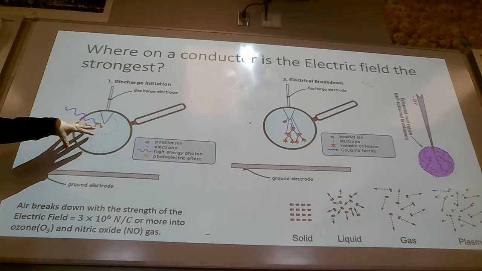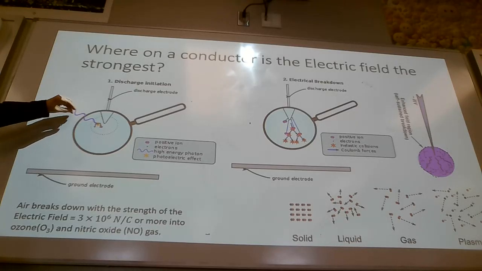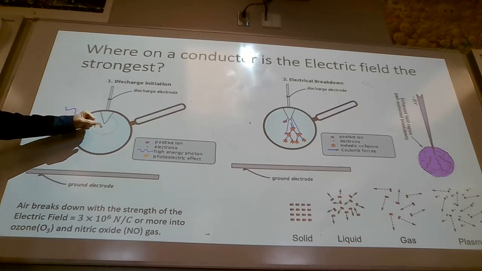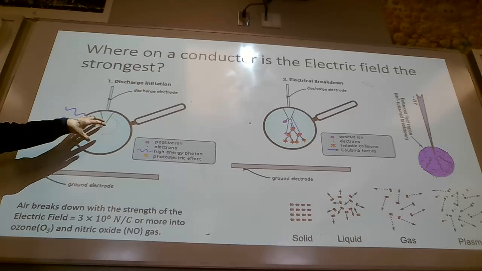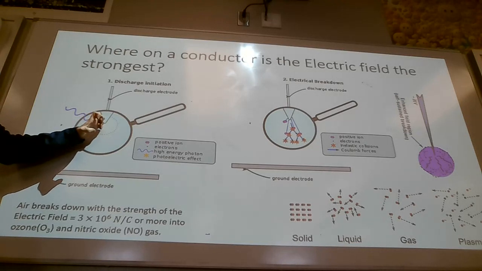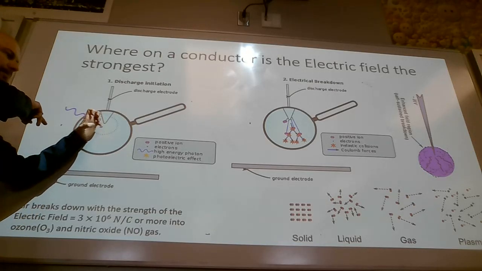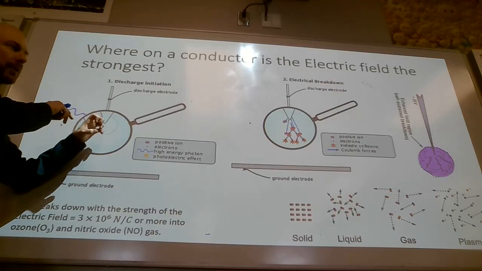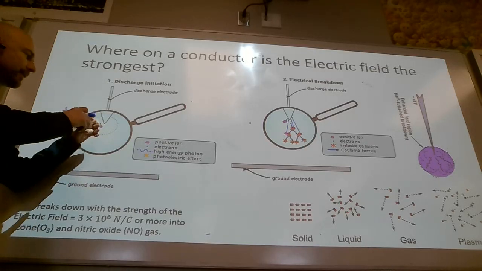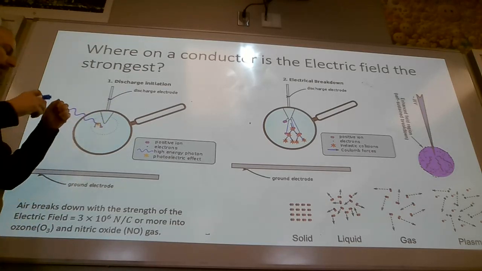And so what happens is you have an air molecule that's neutral experiencing a really strong electric field here, and occasionally you get some other outside energy added to it, or maybe it just happens, and it causes the electrons to rip off.